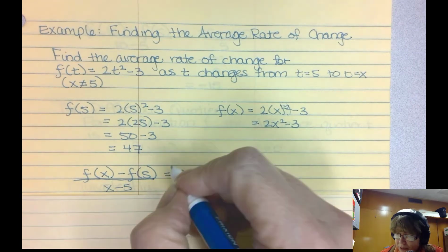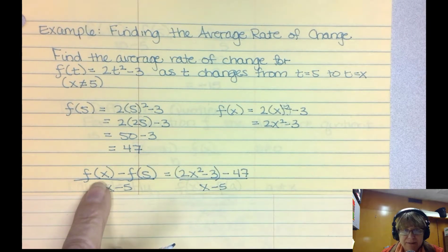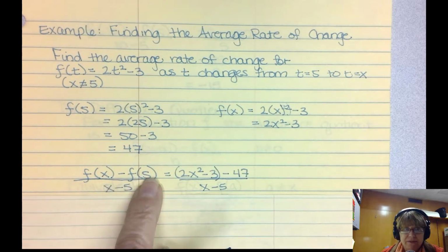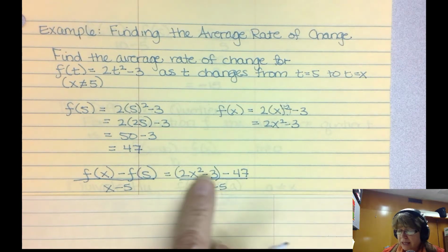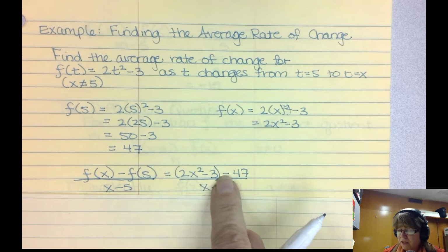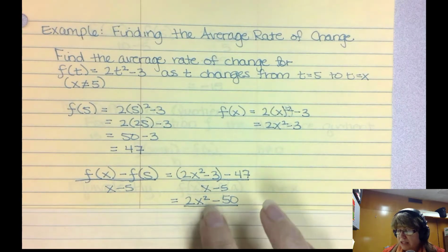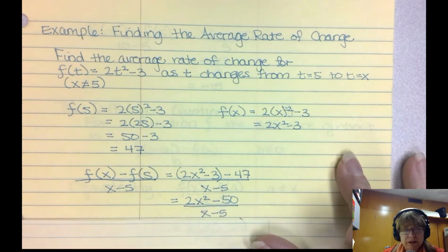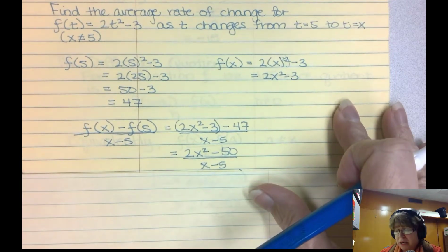You don't need it, but that whole thing is f of x, minus f of 5, which is 47. I'm going to combine like terms in my numerator as best as I can. So I have a minus 3 and a minus 47, which is a minus 50. So I have 2x squared minus 50 in my numerator, and I still have x minus 5 in my denominator.